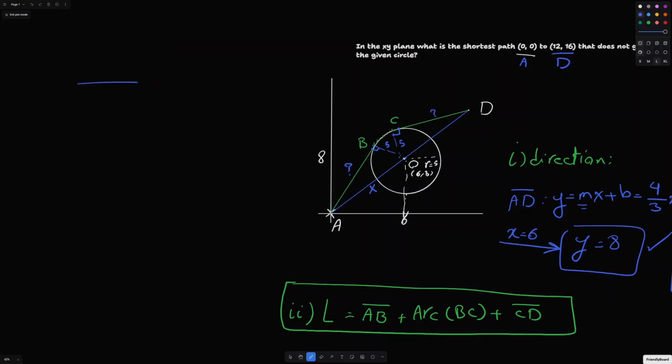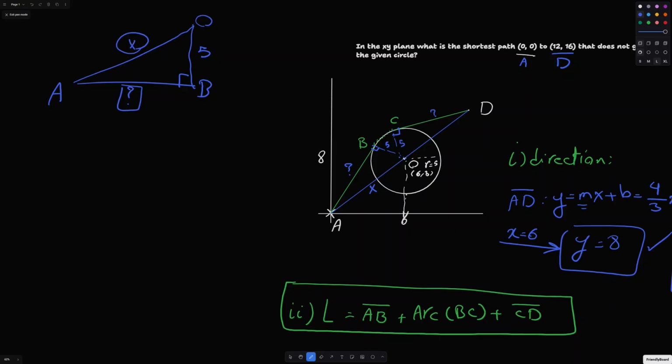I'm going to say this is A, this is B, which is the right angle, and this is the center of the circle. So we know that OB is 5, and we want to find this, which is the problem itself, but we need this to solve that.